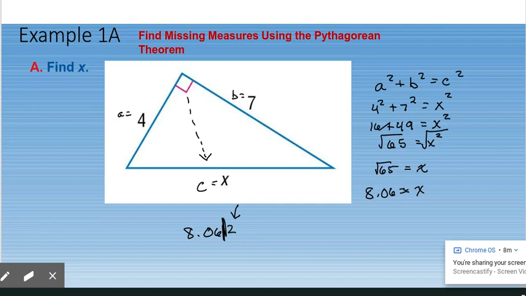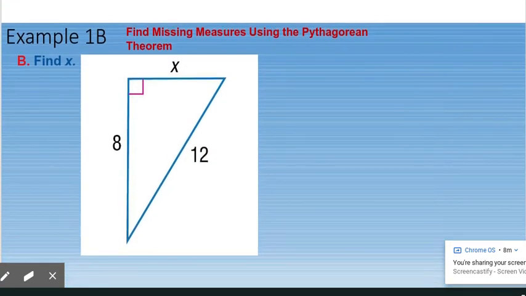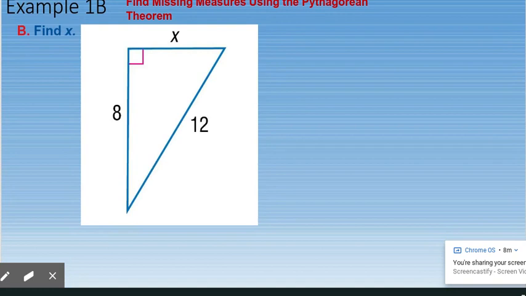Okay. So let's get another one together. All right. So it's doing the same thing. Go ahead and draw this. And then we have to find what our hypotenuse is. And our hypotenuse here is the 12. So I know this is the c.